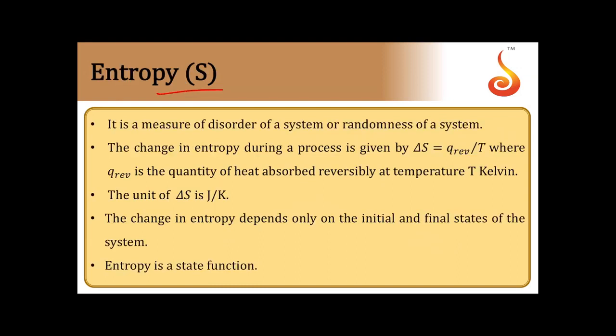Then comes meaning of entropy. Entropy is a measure of disorder, or you can say randomness, of a system. The change in entropy during a process is given by delta S equals Q reversible by T, where Q reversible is the quantity of heat absorbed reversibly at a temperature of T Kelvin.